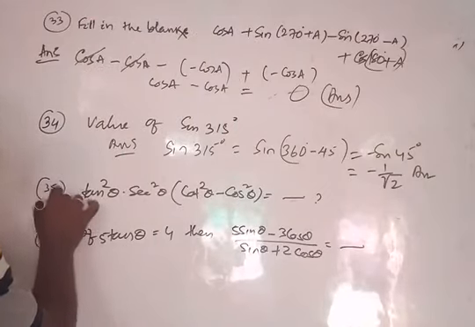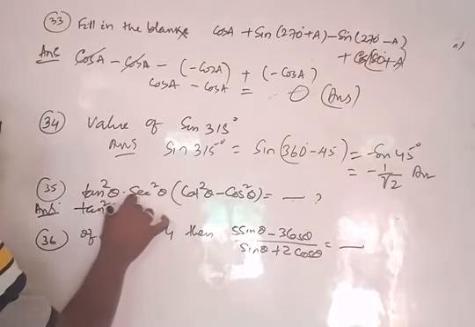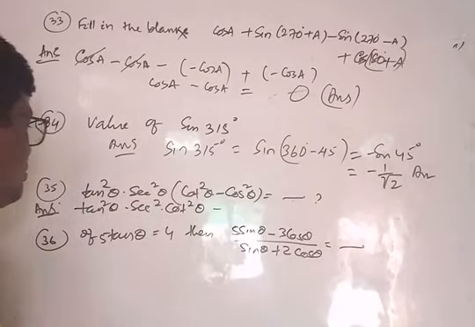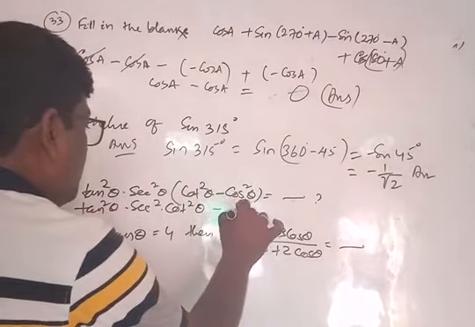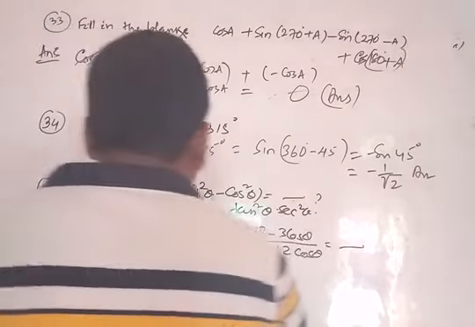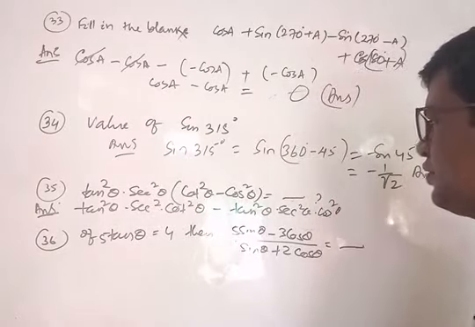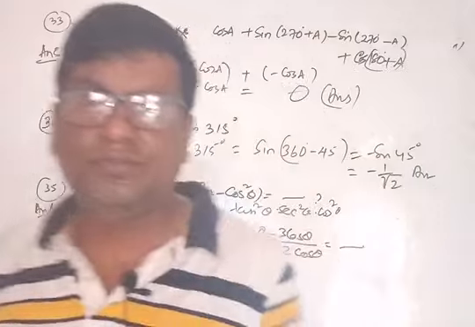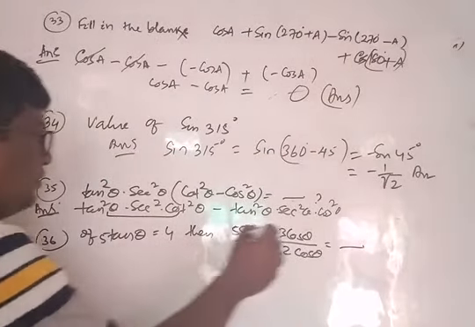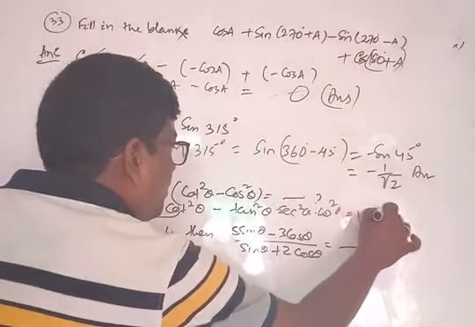The expression is tan square theta into sec square theta into cot square theta minus tan square theta into sec square theta into cos square theta. Tan square theta into cot square theta is equal to 1, and remaining here sec square theta.